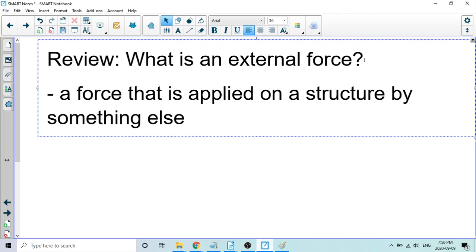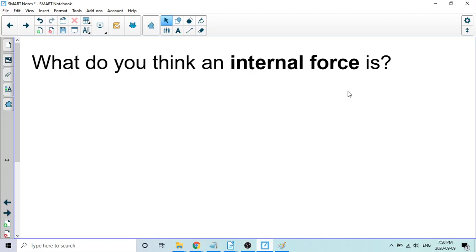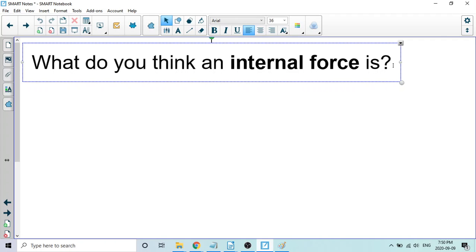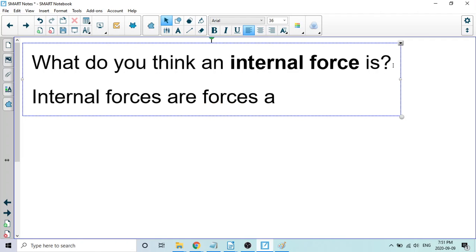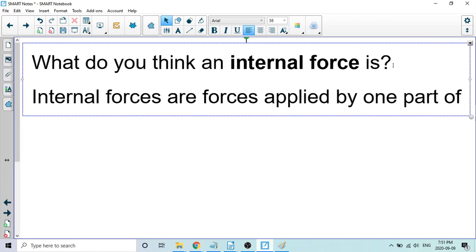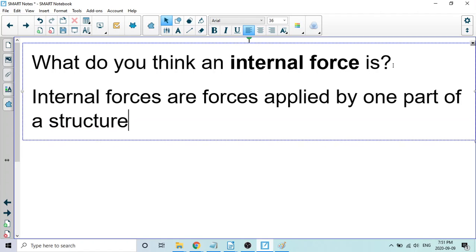That's basically what it is. Given that, what do you think an internal force is? If an external force is from something else, then internal forces are forces applied by one part of a structure on another. They're forces that happen within a structure.